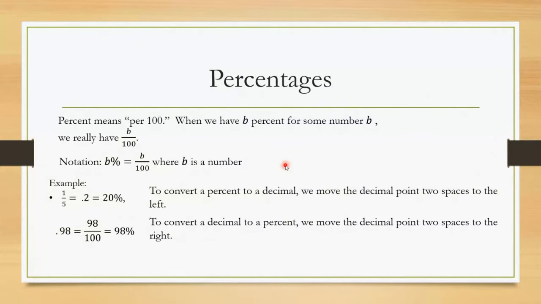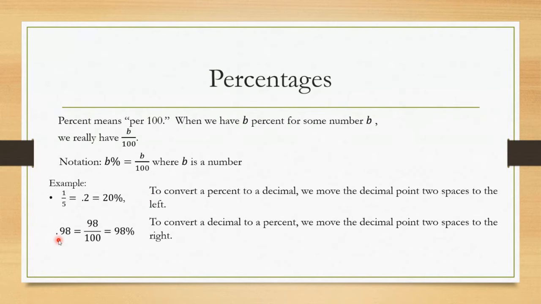And again, to convert 0.2 to a percent, I can move the decimal 2 spaces to the right and get a 0, and we put a 0 there. To go the other way, to convert a percent to a decimal, I would move the decimal 2 spaces to the left. That's how I would get from here to here. I'm just trying to illustrate these 2 rules.